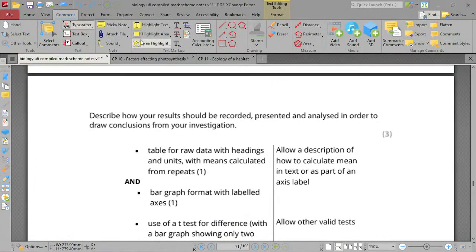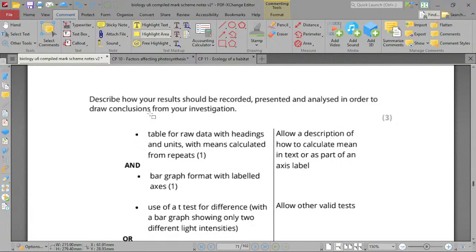Okay, now this is another pretty important detail. How your results should be recorded, presented, and analyzed in order to draw conclusions for your investigation. So they're not asking for the conclusions, or maybe they are, but they're asking for the method of recording, presenting, and analysis in order to get those conclusions.